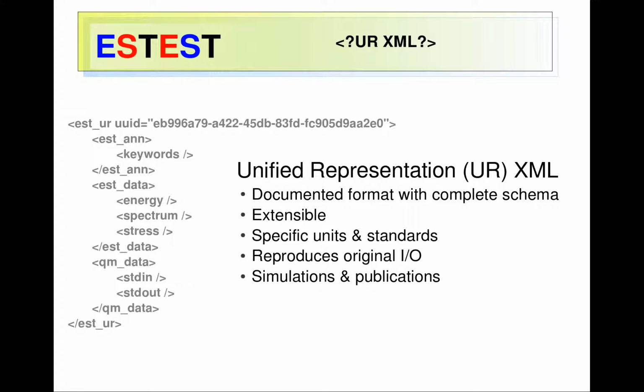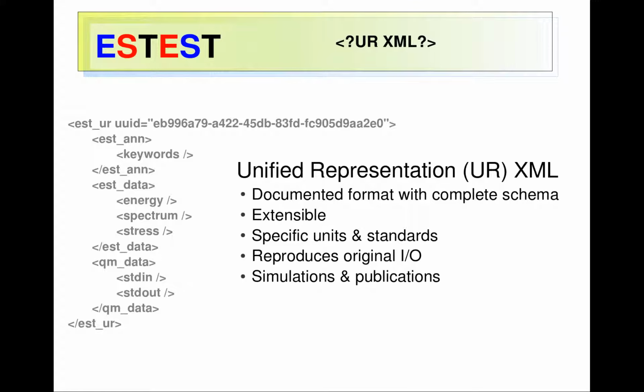So to the left, I've shown this cartoon representation of a URXML document. That is, it consists of 3 sections. The first one is annotations to the document itself. Think in terms of keywords and abstract. The next section is for the URXML data that contains all the parsed information from the original simulation code I/O.